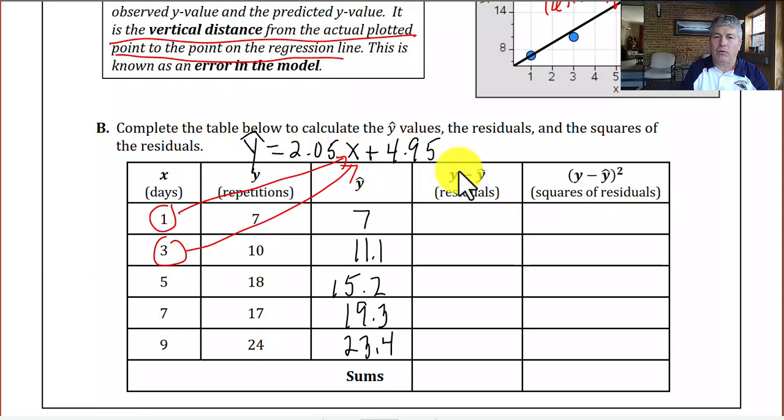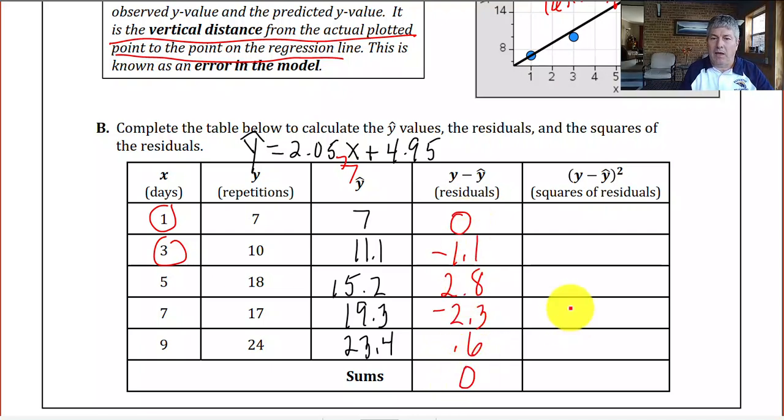The residual here, y, is our actual y minus our predicted values. So that's what we're doing. That's our residuals. Our first residual is 0. Our second residual is negative 1.1 because we're doing y minus y hat. The next one, 2.8, and a negative 2.3 and 0.6, and that happens to add up to zero.